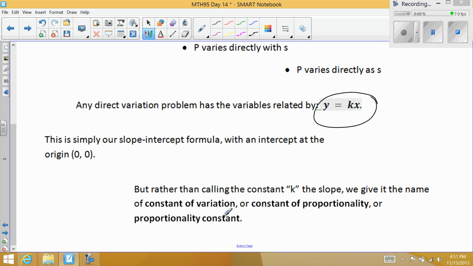What we do call the k is the constant of variation, or the constant of proportionality, or the proportionality constant, depending on what algebra book you're reading.